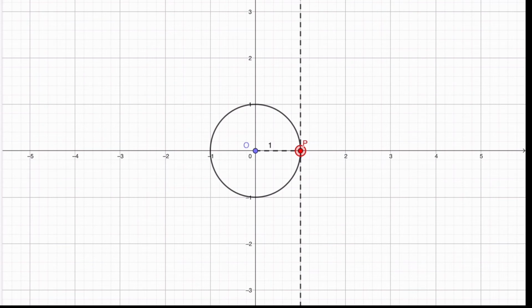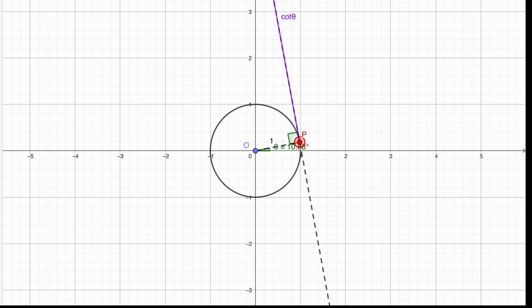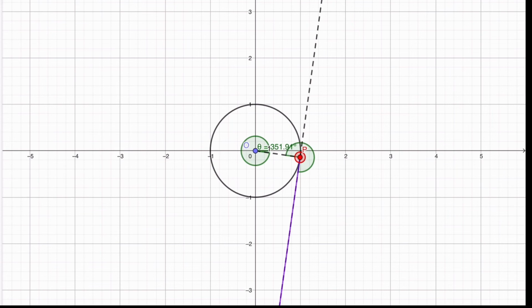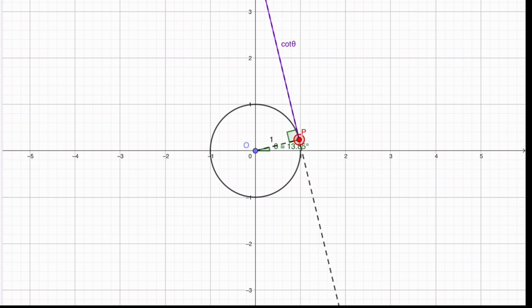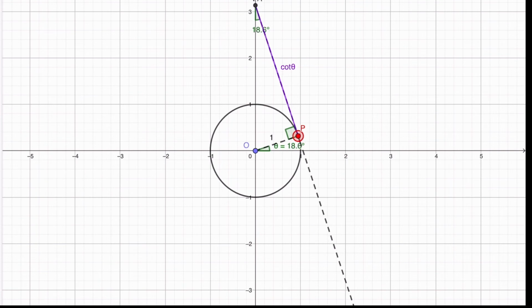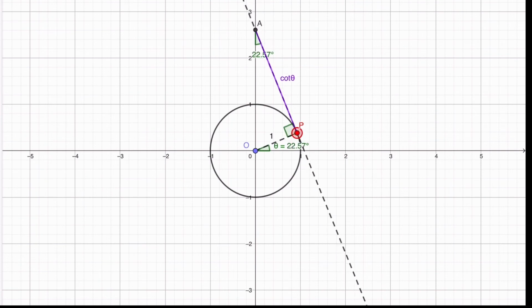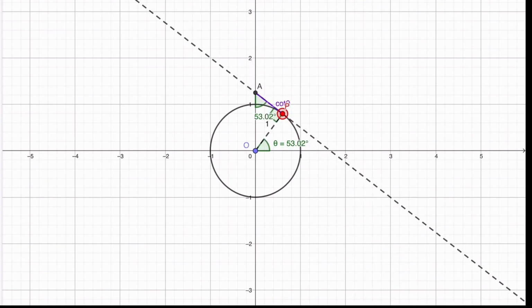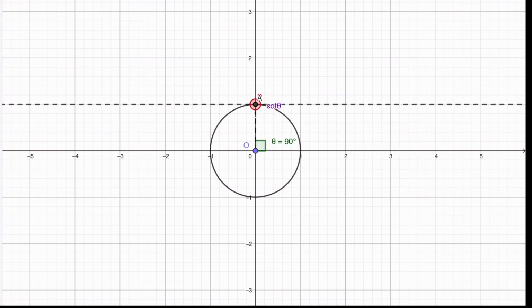If it is little more than 0, its value is a very large positive quantity, and if it is little less than 0, it is a very large negative quantity. And as theta increases in the first quadrant, cot theta decreases from infinity to 0. So, cot 90 degrees or cot pi by 2 radians is 0.